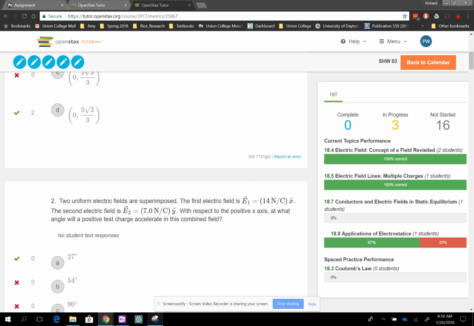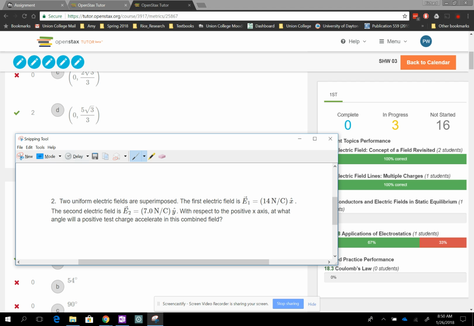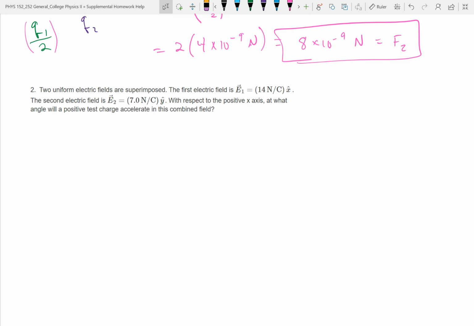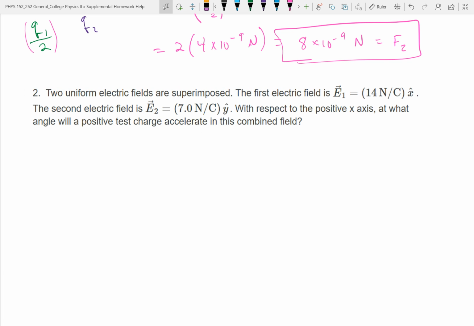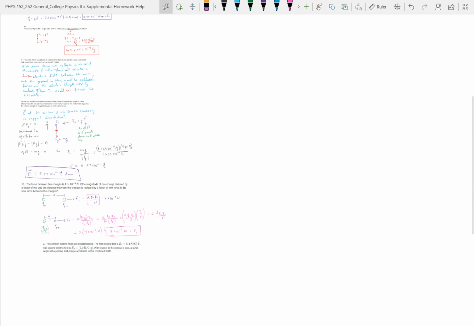Second one. Go ahead and scroll it. Two uniform electric fields are superimposed. Uh-oh. Not many people.